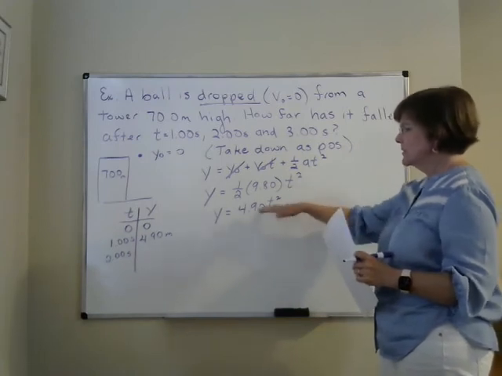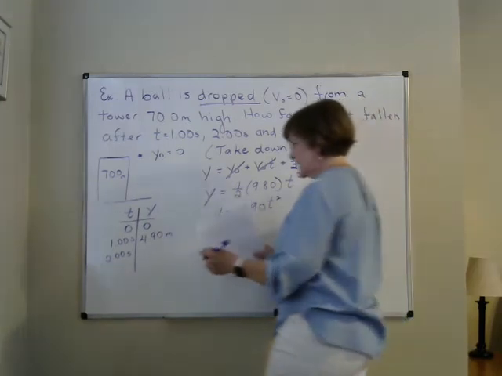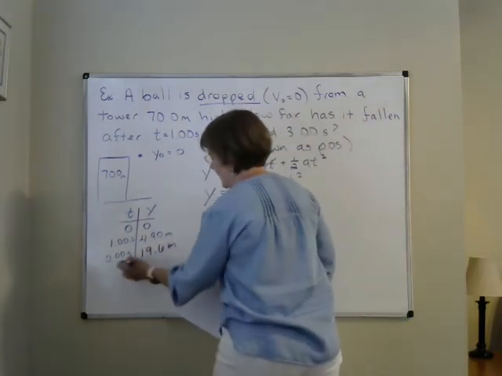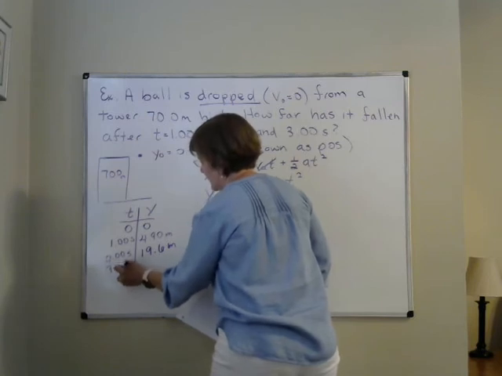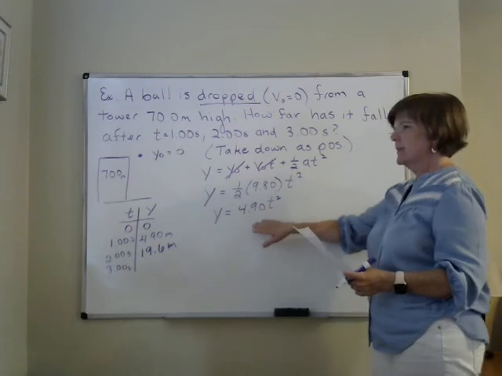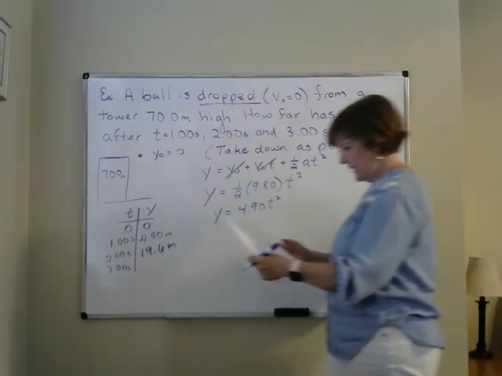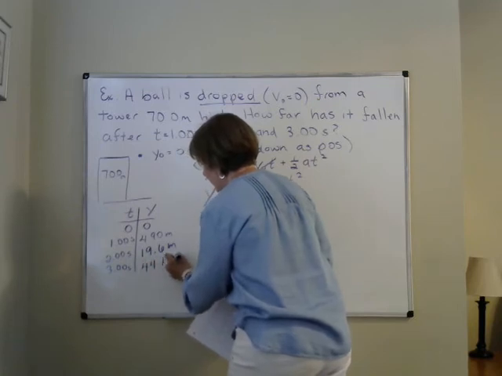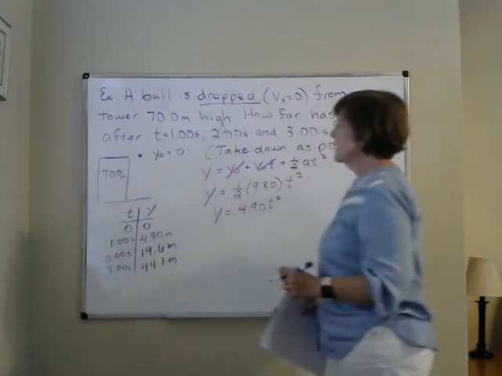It's going to be close to 20. And it actually comes out to be exactly 19.6 meters. If I wait for 3 seconds, that's going to be about 9 times 5. So I think it's going to be very close to 45. It comes out to be 44.1 meters.